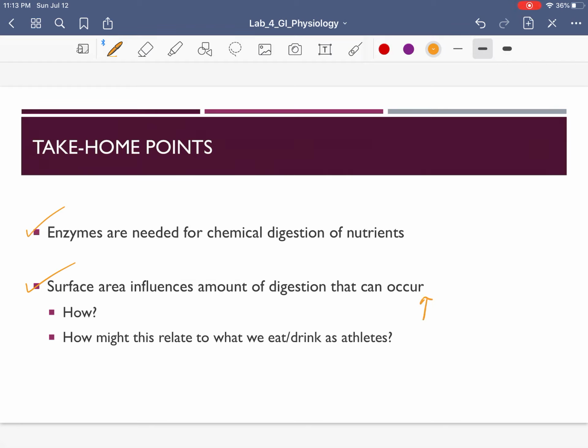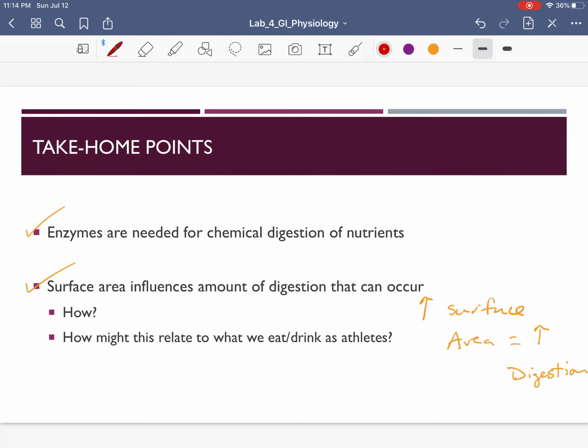When there is more surface area, there is more digestion. And let's talk about why.